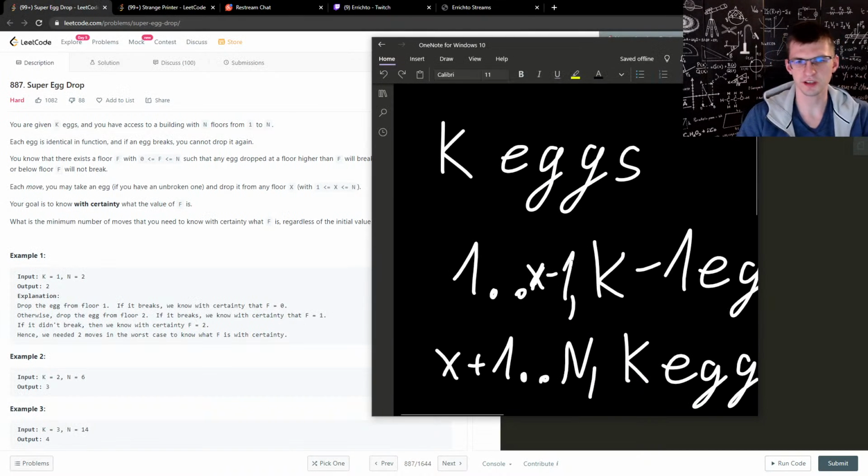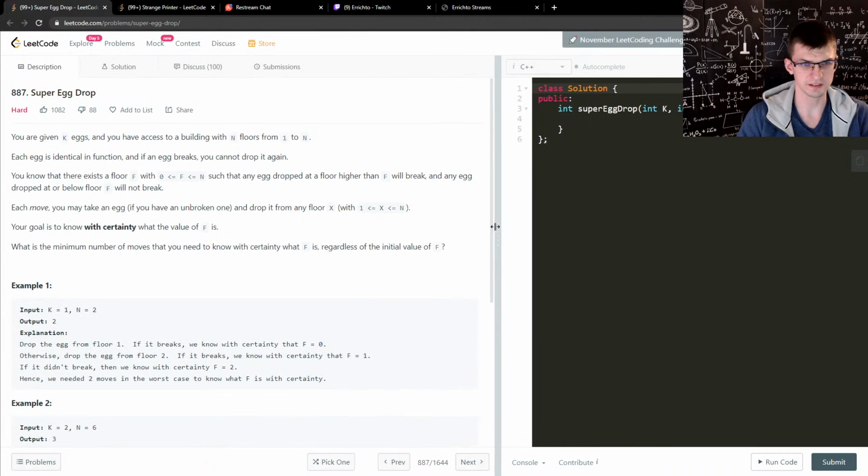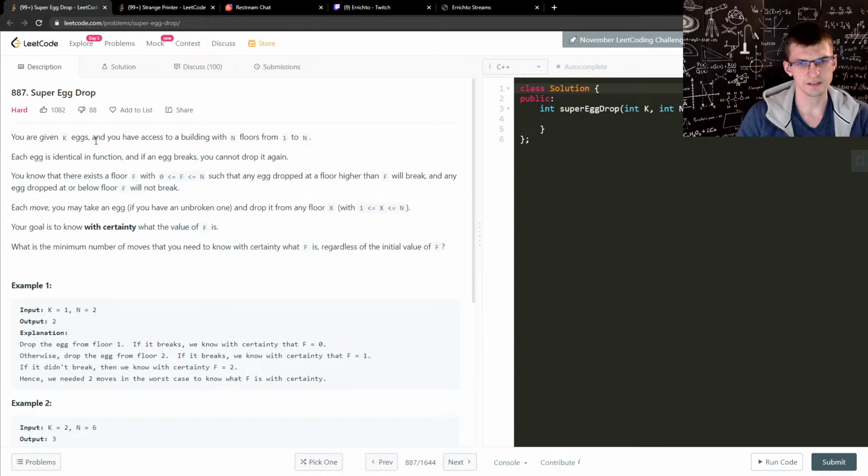The problem should say, I'm quite sure, that we care about the pessimistic case. Let's see. You're given k eggs and you have access to a building with n floors. Each egg is identical in function, and if an egg breaks, you cannot drop it again. There exists a minimal floor f from which any egg would break.